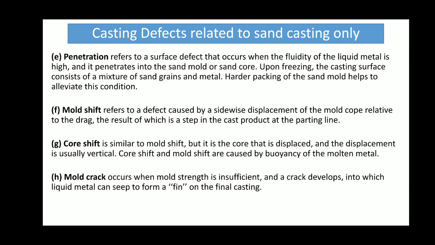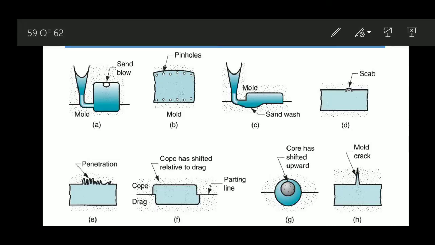If permeability and venting are not proper, then the mold gas remains there, generally at the top face, and it will be a defect. So we should have proper venting so that all the mold gas vents out properly.